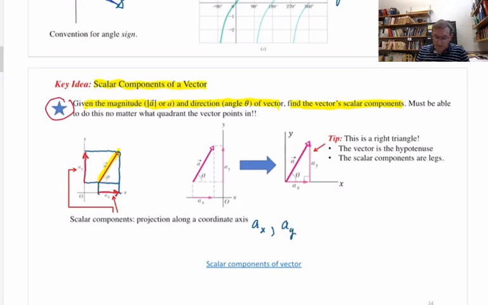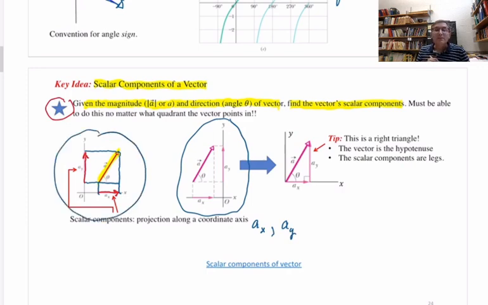So this picture here in the middle, although it looks very different from this picture on the left, is really no different at all, and shows the projections of the vector onto the x and y axes, and therefore the scalar components, a sub x and a sub y. And those components, a sub x and a sub y, are the same in both pictures.